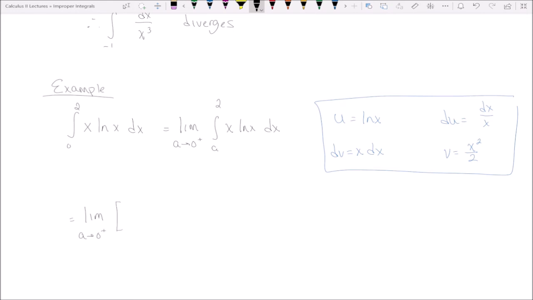And we're going to have x squared over 2 log of x evaluated as x goes from a to 2, minus the integral from a to 2 of x cubed over 2 dx.